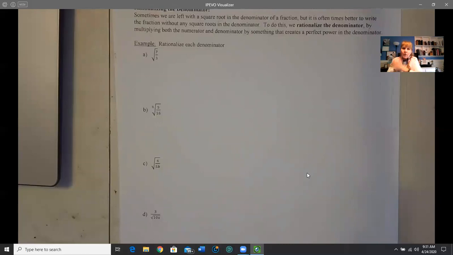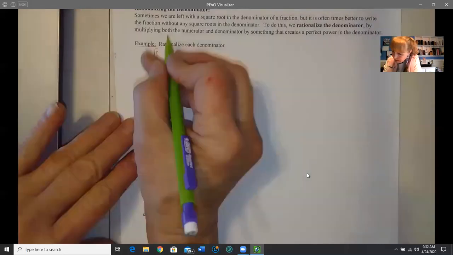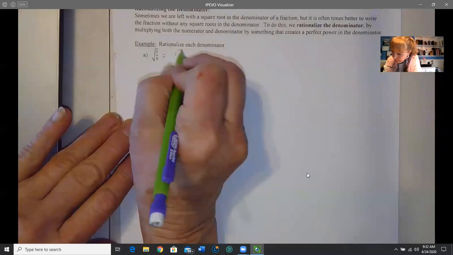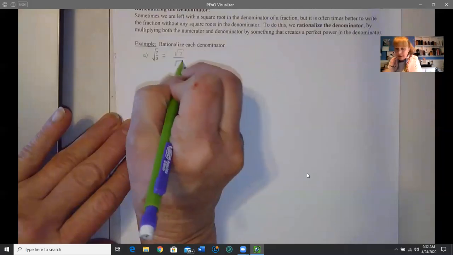Okay, we're going to rationalize the denominator. In mathematics, they don't like to have a radical in the denominator, so we're going to get rid of that. Again, you go through the process of seeing, can I reduce the 7 and the 3? If you can't, to rationalize the denominator, you separate these like this.